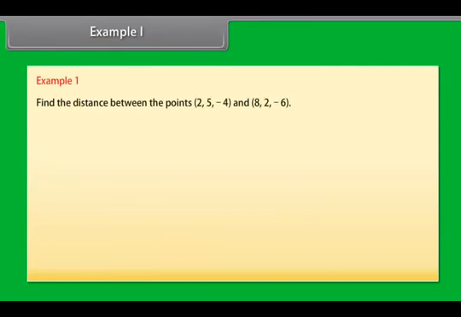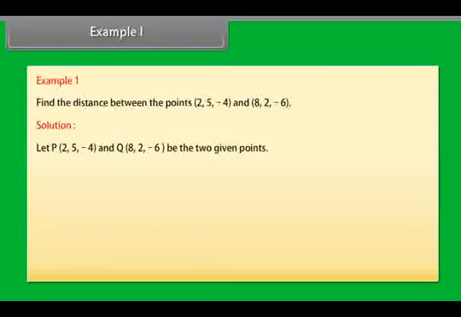Example 1. Find the distance between the points (2, 5, -4) and (8, 2, -6). Solution. Let P (2, 5, -4) and Q (8, 2, -6) be 2 given points.